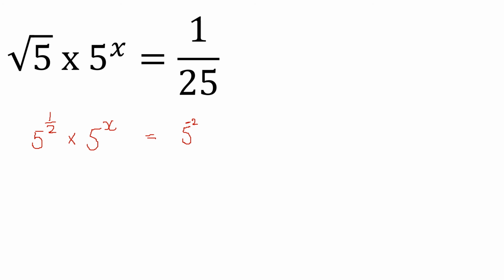Next thing we could do, we could just use rule 7. So we've got 5 to the half being multiplied by 5 to the x. So we can rewrite, and two indices that are being multiplied together, we just add them together. So half plus x is equal to 5 to the minus 2.